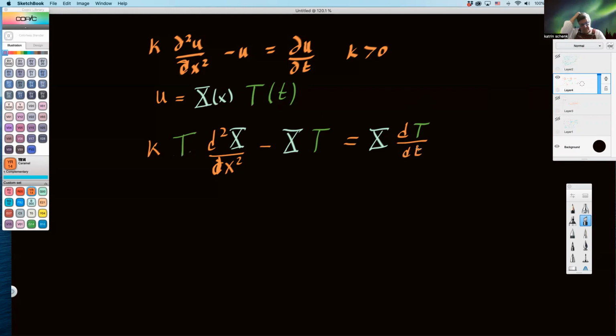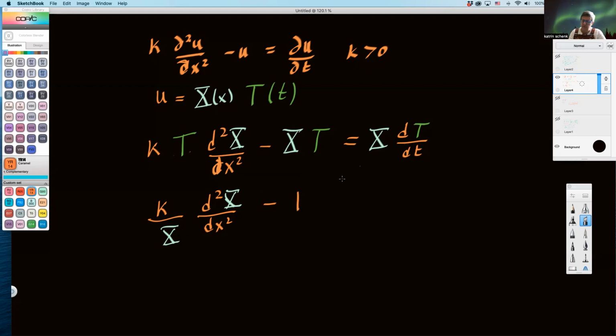Okay, the big T, d little t. Okay, fine. Now we can divide through by u, which is XT, right? And so on this side here, we're just going to get a 1 over X because the T's will cancel, right? So we're going to get this K, and then we're going to get 1 over X, and then d squared dx squared of X. And then when we divide here, we're just going to have a 1, so minus 1.